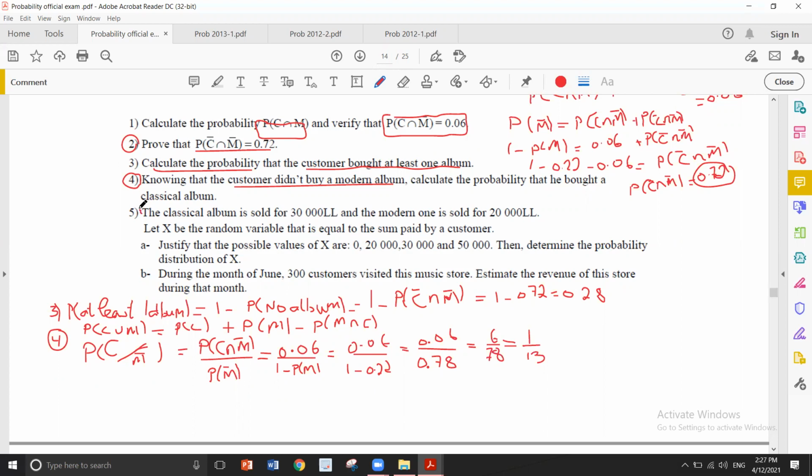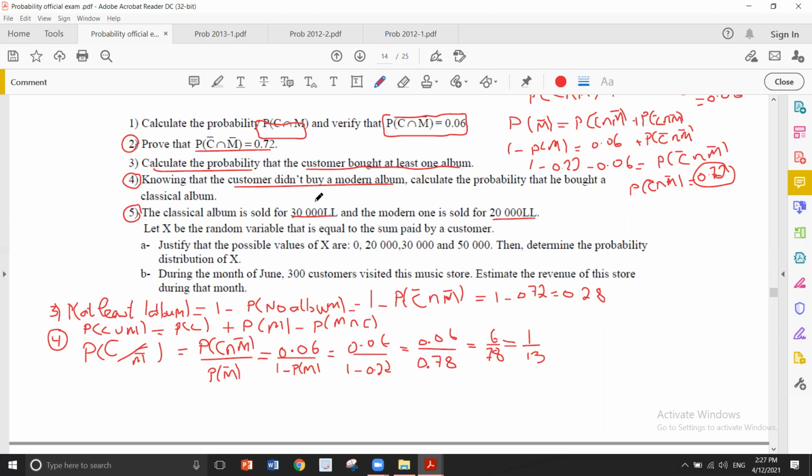Part 5. The classical album is sold for 30,000 and the modern is for 20,000. Let X be a random variable equal to the sum paid by the customer.